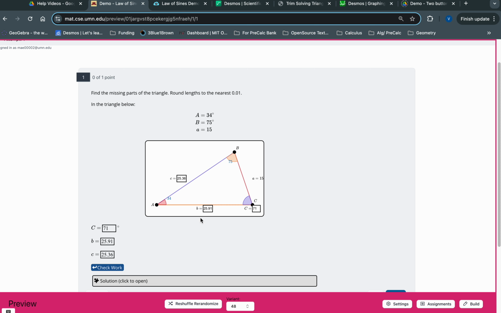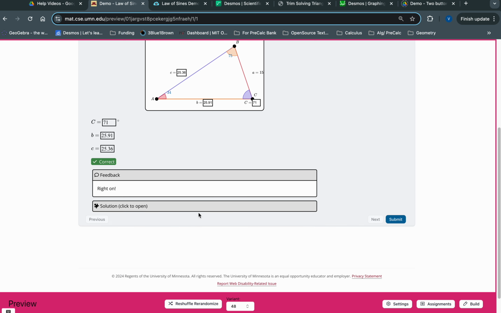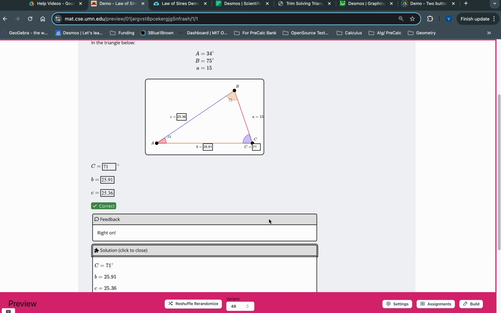So the longer side length should be opposite the larger angle. 25.91 is larger than 25.36. They're really, really close, but this one's a little bit bigger, and so everything checks out. And then, of course, the smallest angle has the smallest side opposite it. So we should be good. Let's go ahead and check our work, and everything matches up.